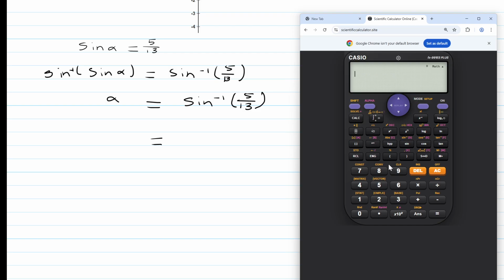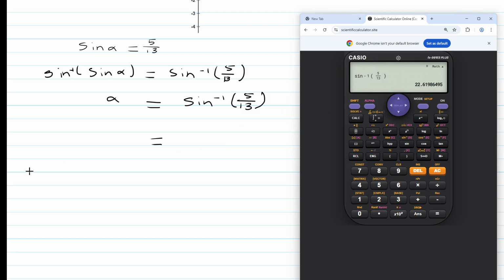Then we reset, and now we say shift to get the arcsine, and then we put in our number in fractional form, that is 5 divided by 13, and then we close, and that gives us 22.619 degrees.